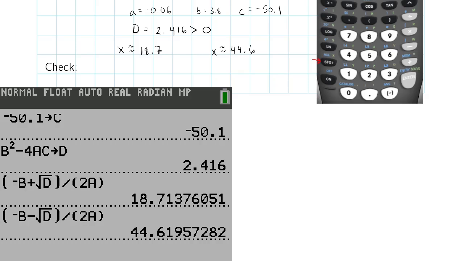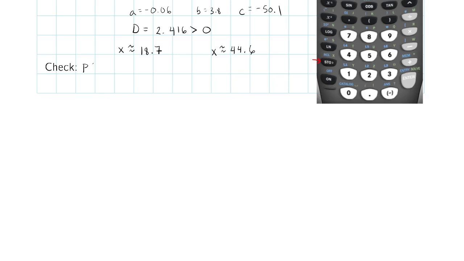And of course we can check these. We have p of 18.7 is negative 0.06 times 18.7 squared plus 3.8 times 18.7. Working that out on the calculator, we have 50.0786, which is indeed very close to the 50.1 that we wanted.